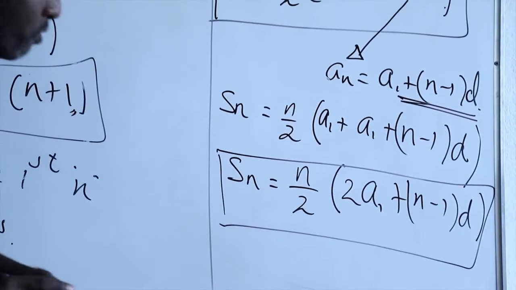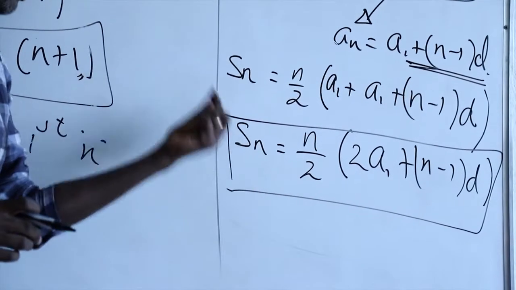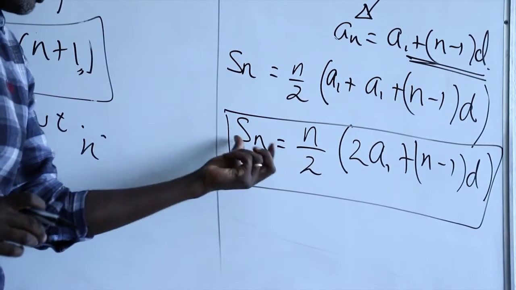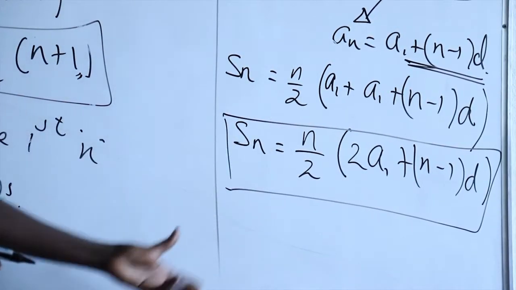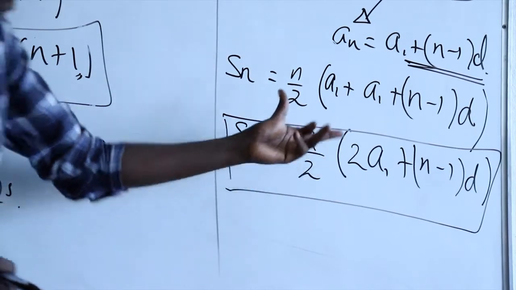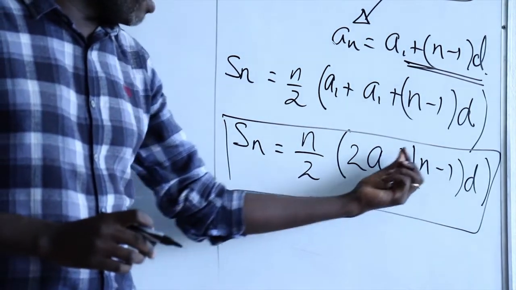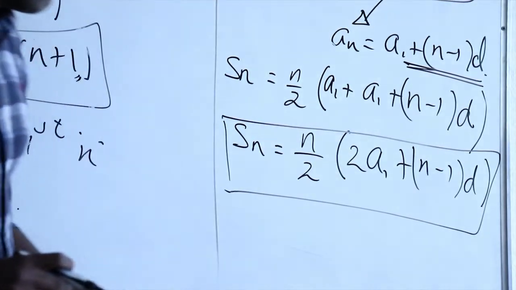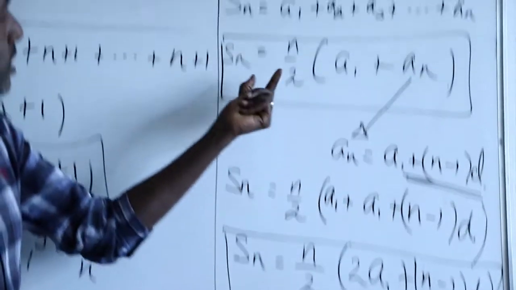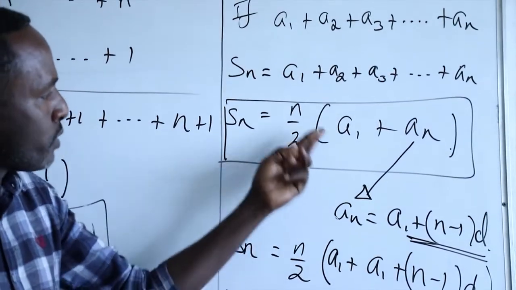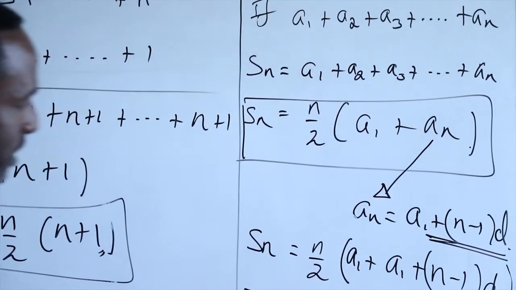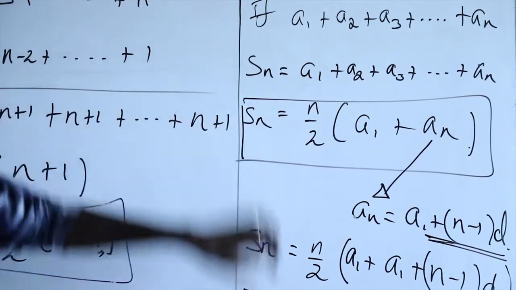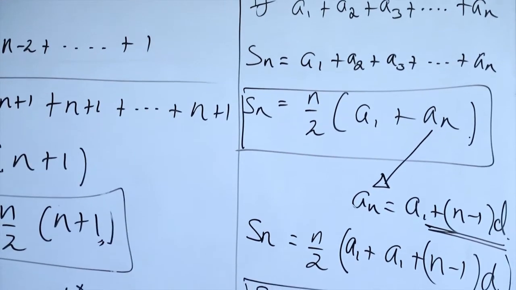The sum of the first n terms of an arithmetic sequence can be calculated by n over 2 times 2a1 plus n minus 1 times d. Otherwise, Sn equals n over 2 times a1 plus an, the last term an.